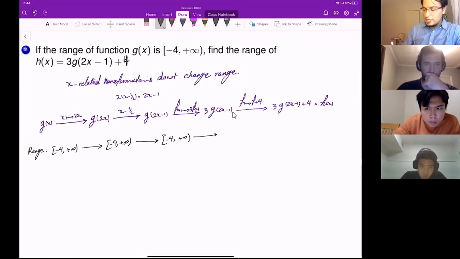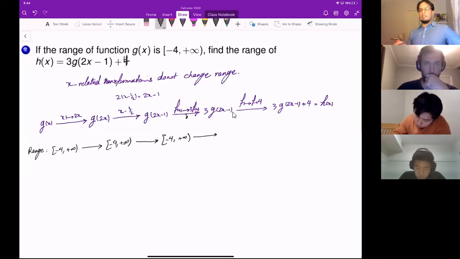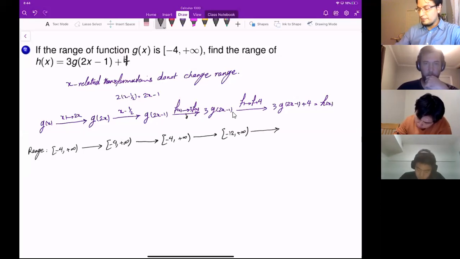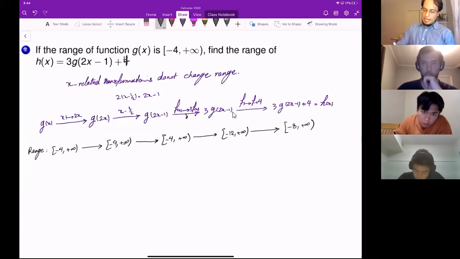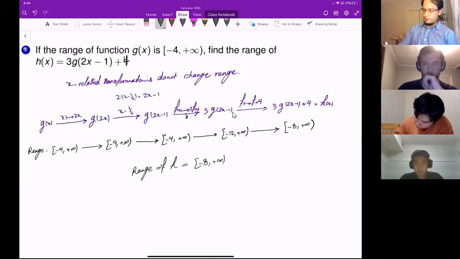What would change the range for the first time is the vertical stretch by a factor of 3. You multiply everything by 3, so this goes to -12 to plus infinity. And the last step, you add 4, so it will be -8 to plus infinity. So the range of h is going to be -8 to plus infinity.